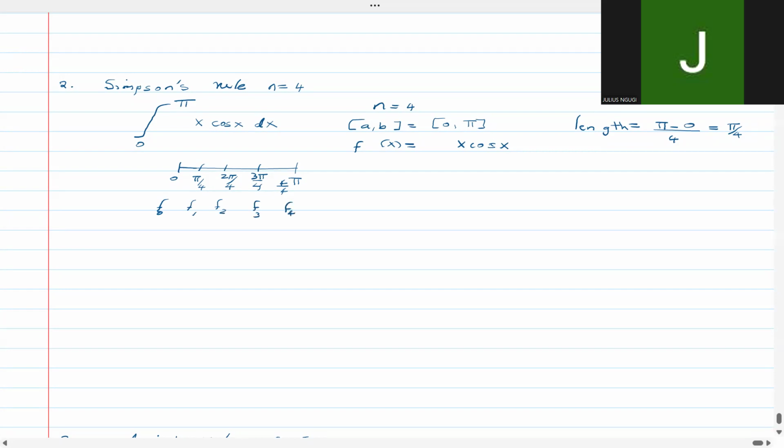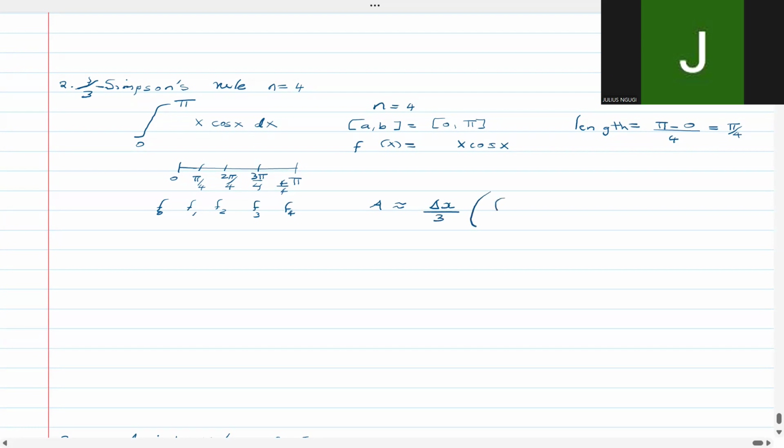The formula for Simpson's rule is called Haddad-Simpson's rule. Let me write Haddad here to remind you. I'll approximate the area: you take the length of each interval, divide by 3, because it's Simpson's rule.